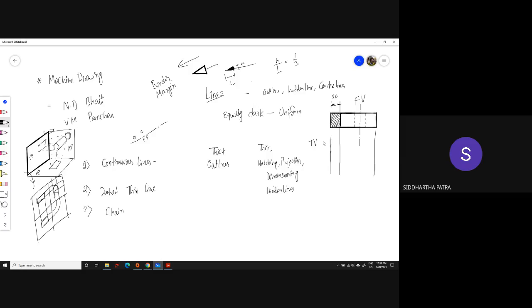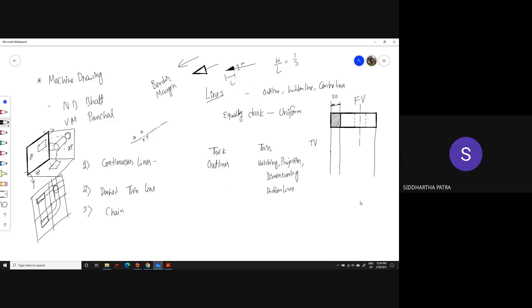Same thing goes for the hidden lines as well. What should be the size of the line segments and the gaps? There is also a specification for that. You don't have to exactly follow that, but it should be very close to that. It is good if you can exactly follow that. If not, at least it should look close to what it is supposed to be.